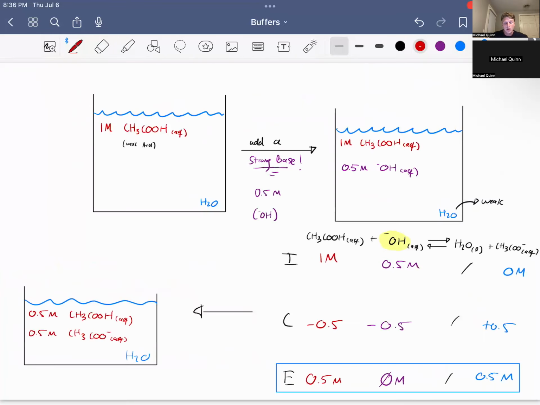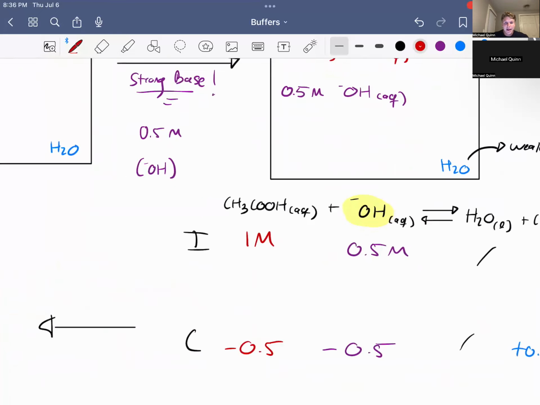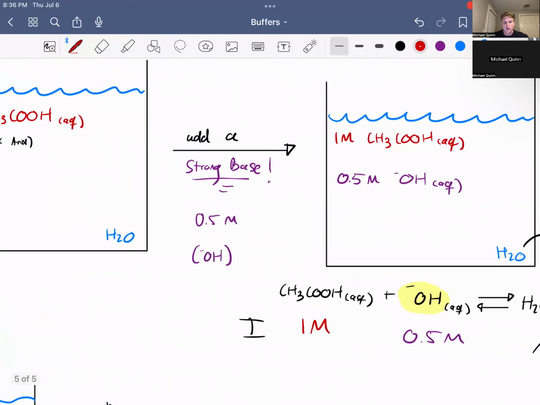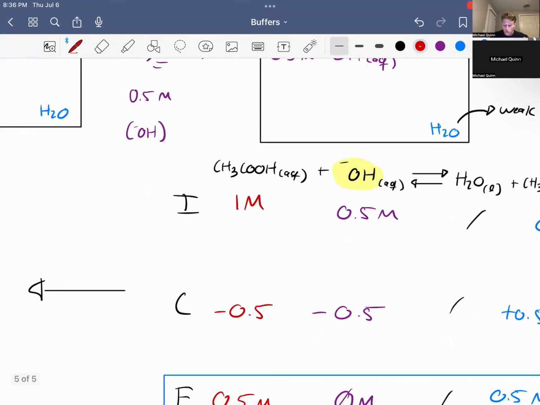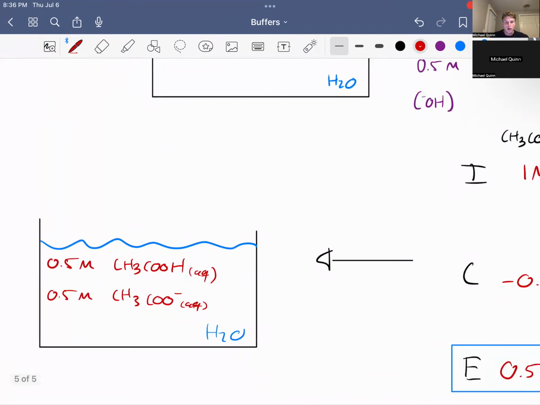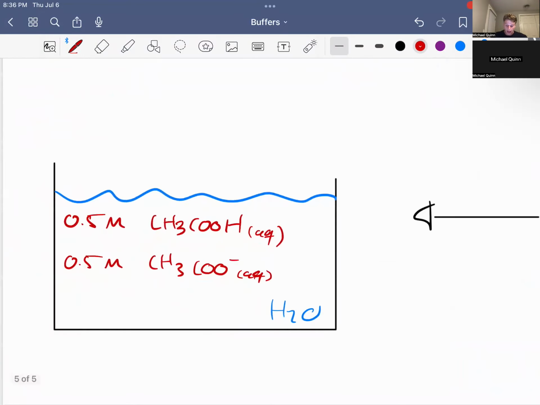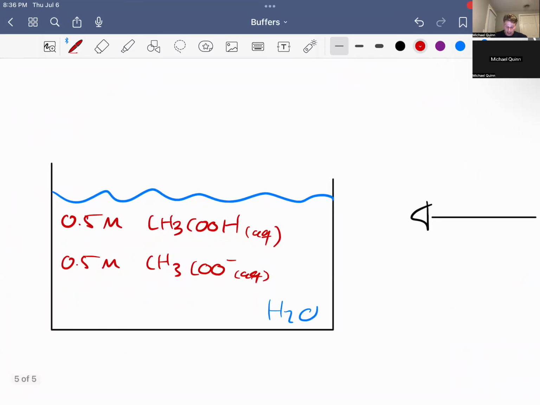And remember, in order for it to be a buffer, you cannot have any strong acids or bases in your beaker when you run your titration. So you can add a strong acid or base as a titrant to create a buffer, but when you draw your final beaker, there should be nothing strong in your beaker left. So it works out that we have CH3COOH and 0.5 molar of CH3COO minus.